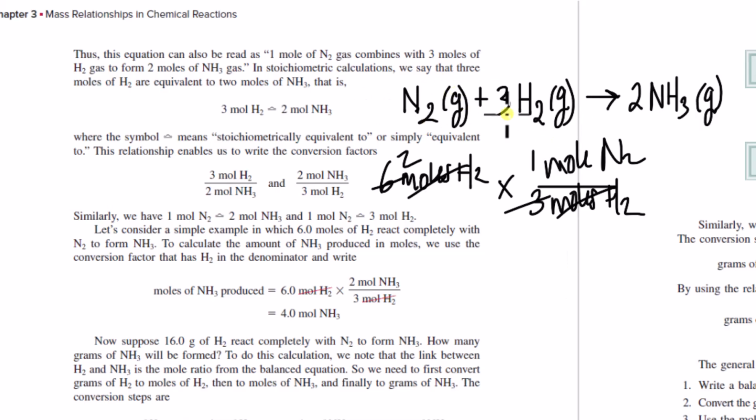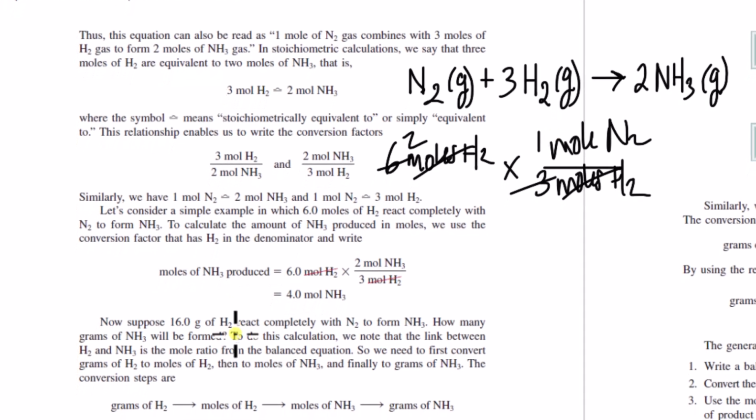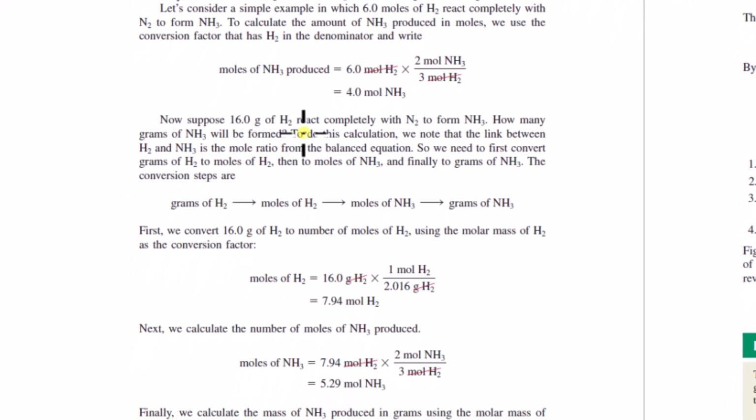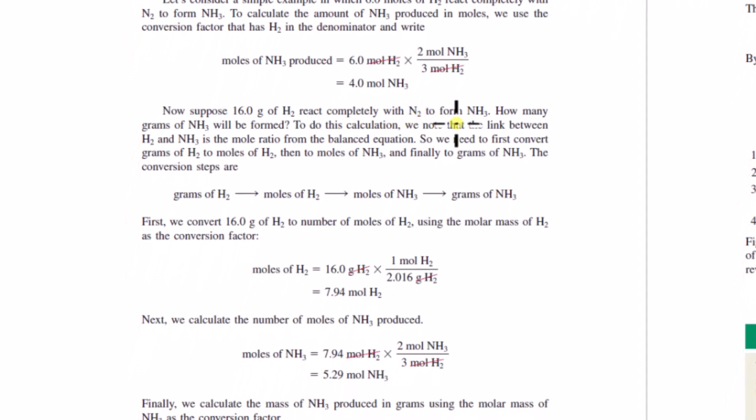We'll purchase nitrogen gas, hydrogen gas, or other reactants in terms of mass. So what if we're asked, suppose 16 grams of H2 react completely with N2 to form NH3. How many grams of NH3 will be formed? Well, how do we answer this question? Well, it's not a big deal.